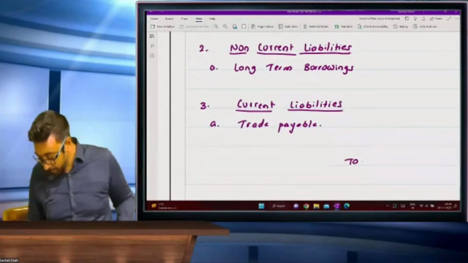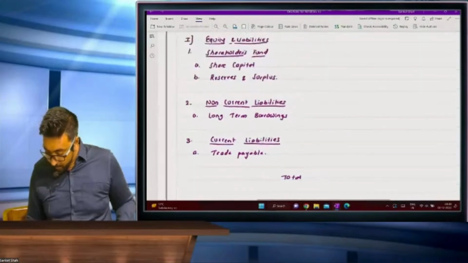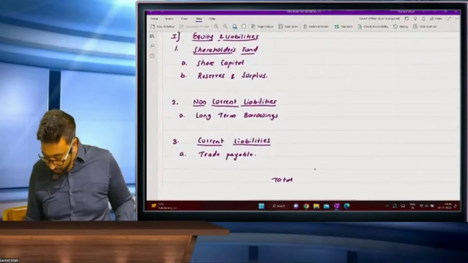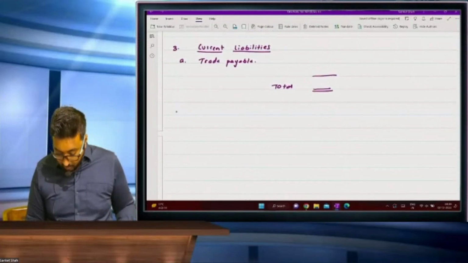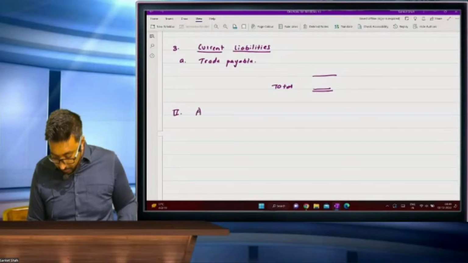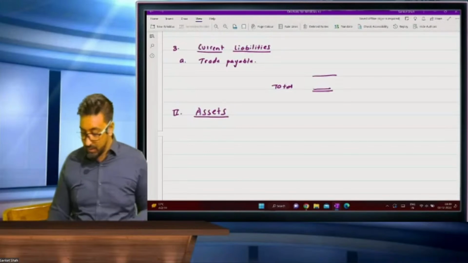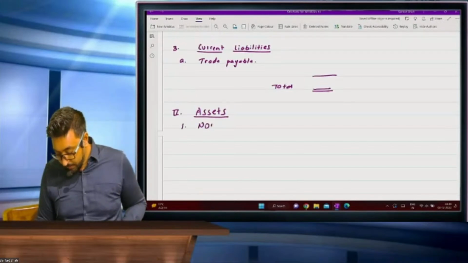Total. Roman 2, assets. In assets, 1 non-current assets.